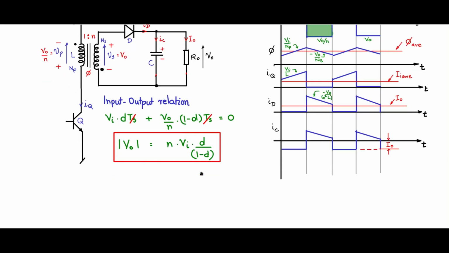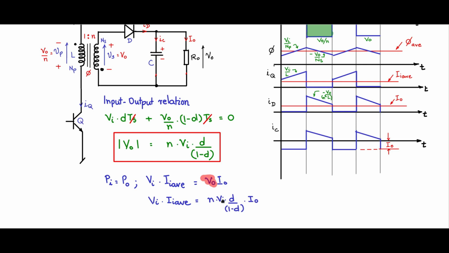Now likewise for the current you can get the input output current relationship. You can use the power balance relation: Pi is equal to P naught, Vi I average is equal to V naught I naught, and V naught you can replace using the input output voltage relationship. So we have Vi into II average equals N Vi d by 1 minus d into I naught.